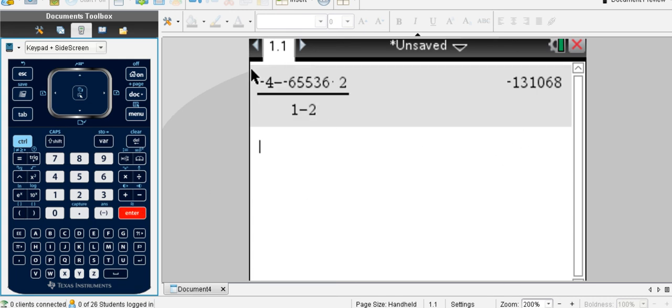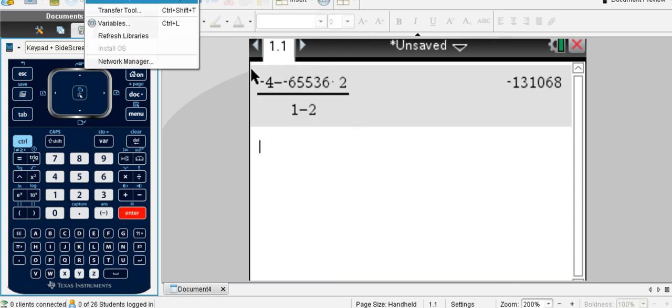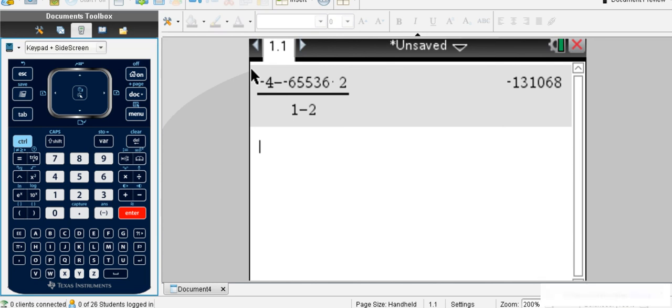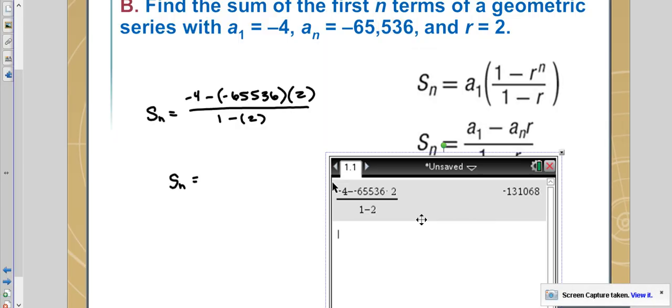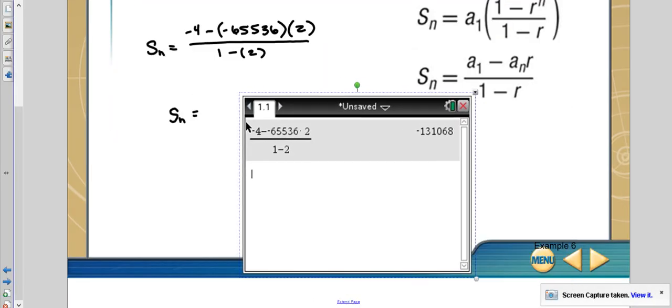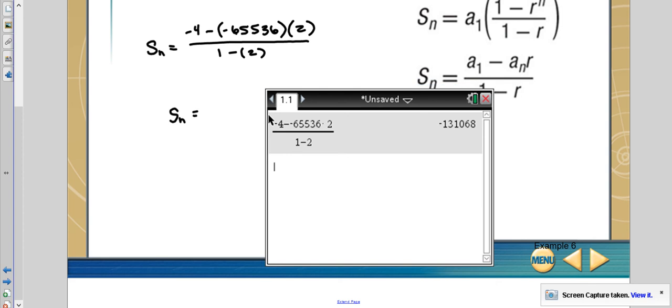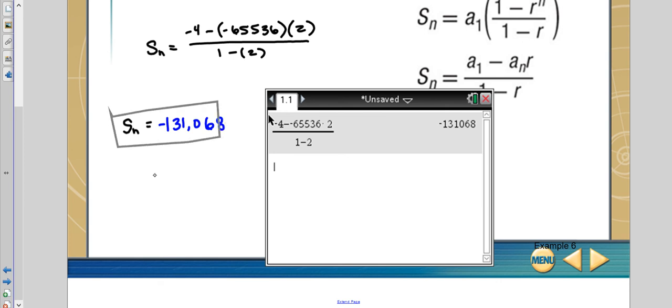And that should be our value there. So I'm going to write my answer that we get, which is negative 131,068. That is my sum. Wasn't the best box there, but it'll work.